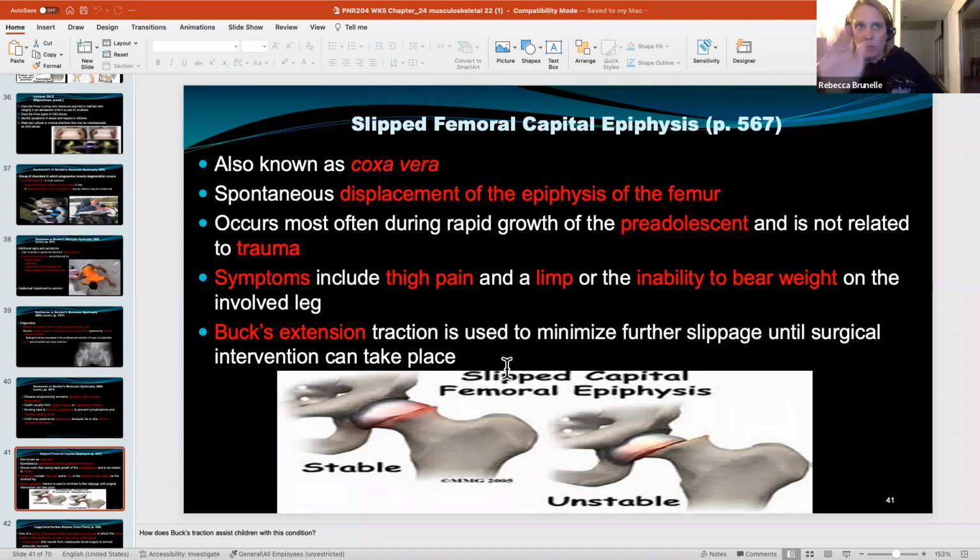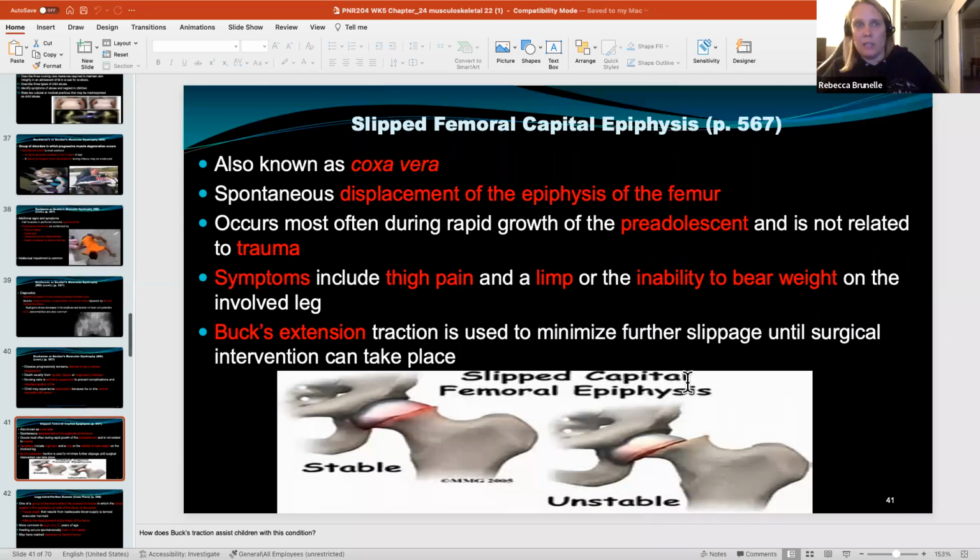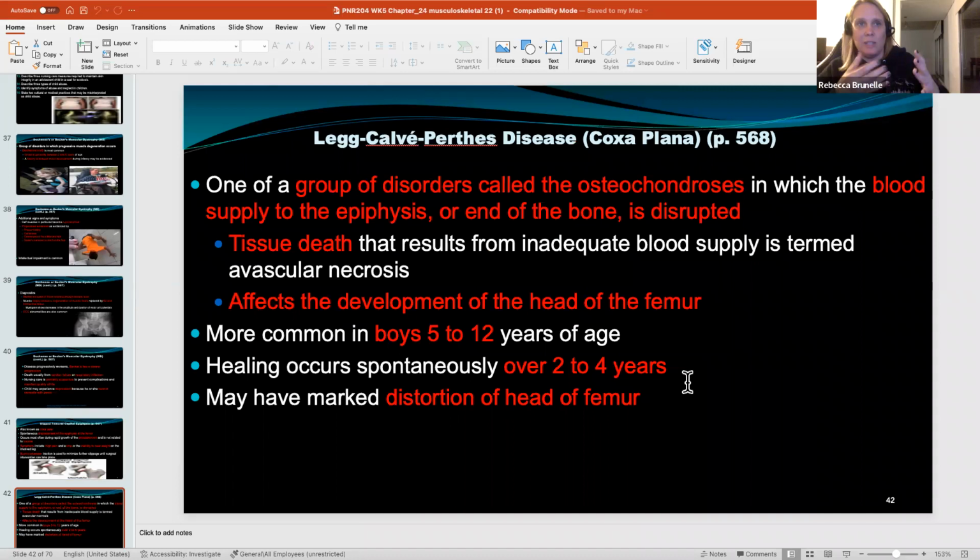And Legg-Calvé-Perthes is another condition of the bones of adolescence. It involves the head of the femur, and there's inadequate blood supply, but it's something that occurs spontaneously and almost always just gets better on its own spontaneously. So this is not somebody that's going to go into the hospital and get traction if they develop it.